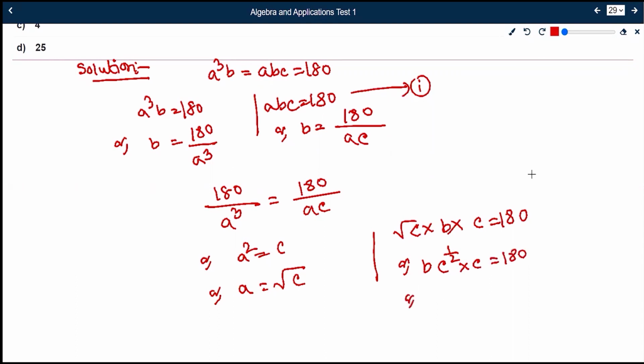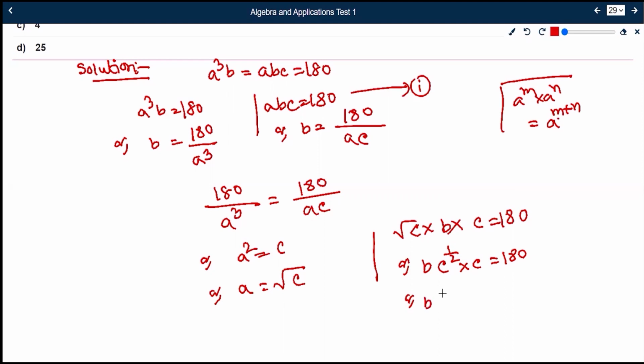Now here you need to remember the exponent formulas. When the bases are equal and the operation is multiplication, we can write the exponents in terms of addition, meaning a to the power m plus n.